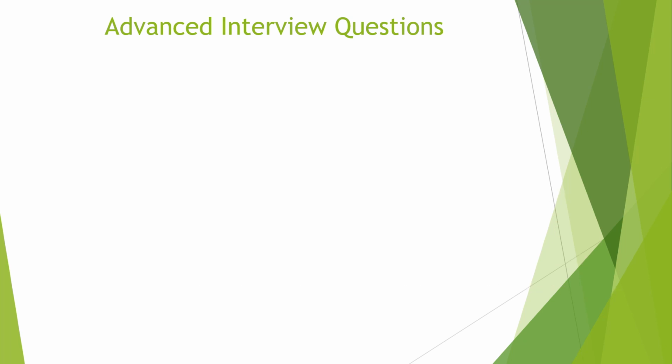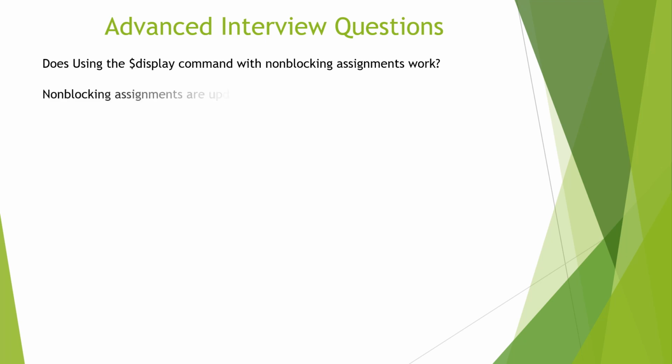The next question is, does using $display command with non-blocking assignments work? The non-blocking assignments are updated after all the $display commands are executed when we refer back to the stratified event queue.